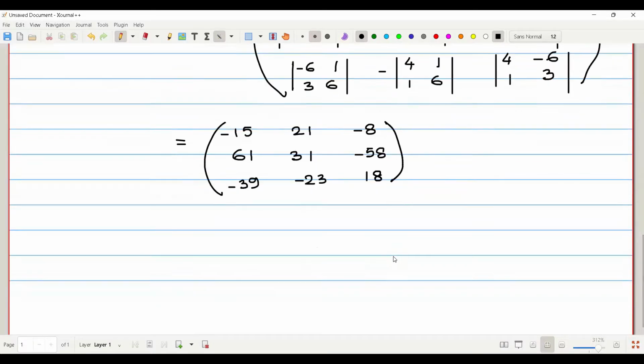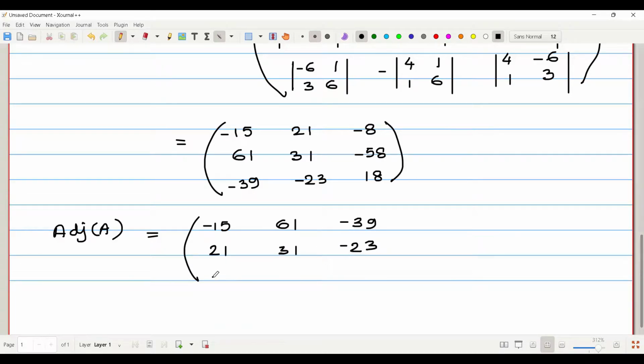So for the adjoint of the matrix A, the transpose of the cofactor matrix, that means the adjoint of A is minus 15, 61, minus 39, 21, 31, minus 23, minus 8, minus 58, 18.